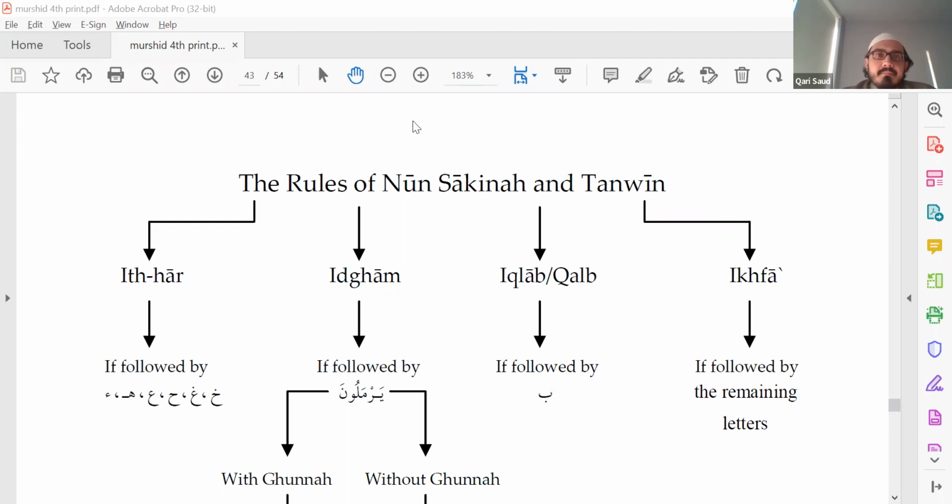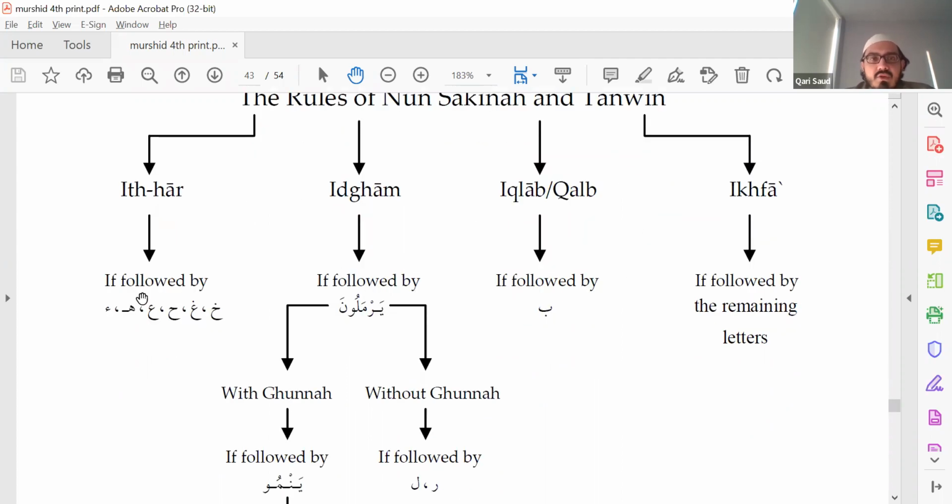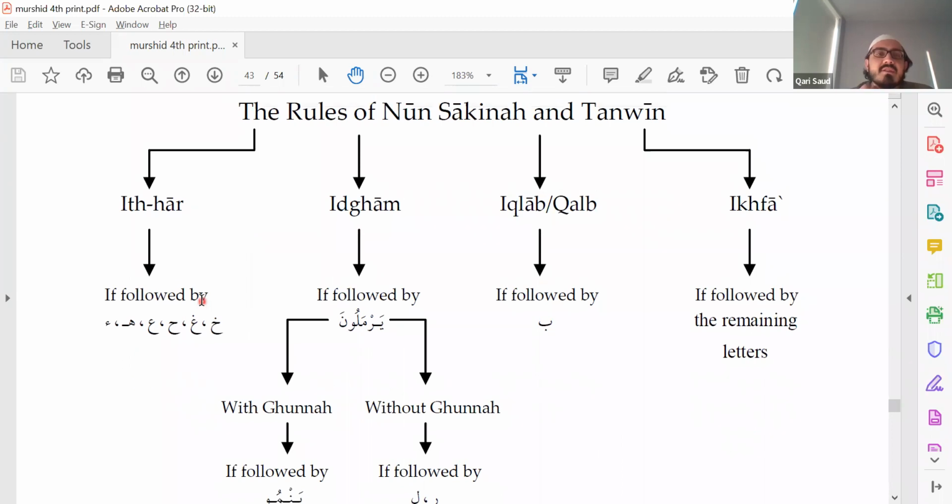So we have the exact same rules, idhar, idgham, ikhfa, plus iqlab. So real quickly, idhar is the 6 throat letters: 2 at the bottom of the throat, hamza and ha, 2 in the middle of the throat, ayn and ha, and 2 at the top of the throat, ghayn and kha. This is a review of the makharij.